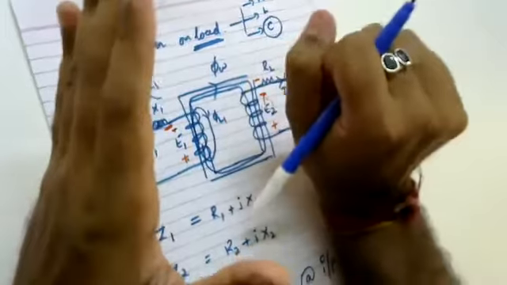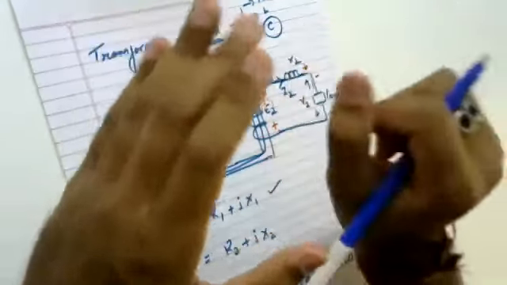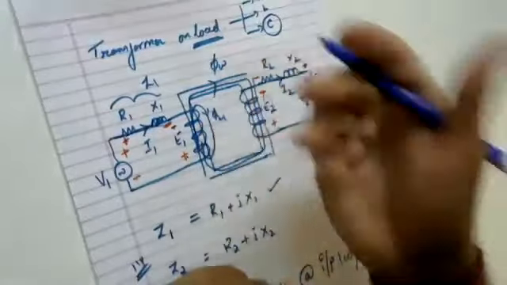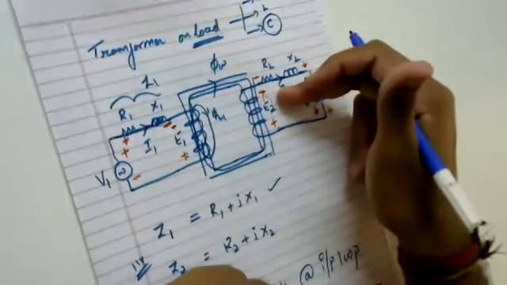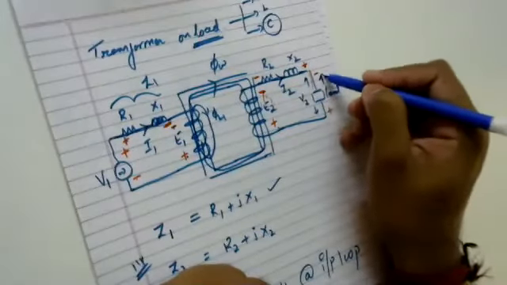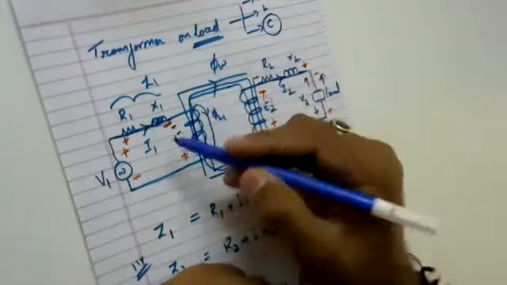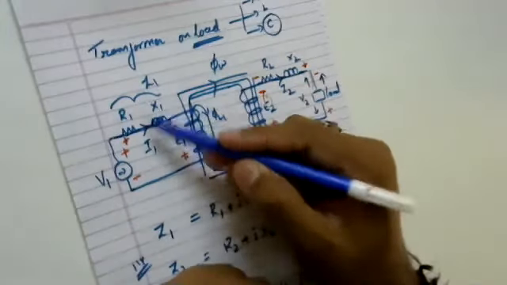So you have to increase your accelerator. It means your source should rise depending upon the load. So I simply mean to say, as you go on increasing the load, the current I2 also increases. An increase in I2 proportionately increases I1.